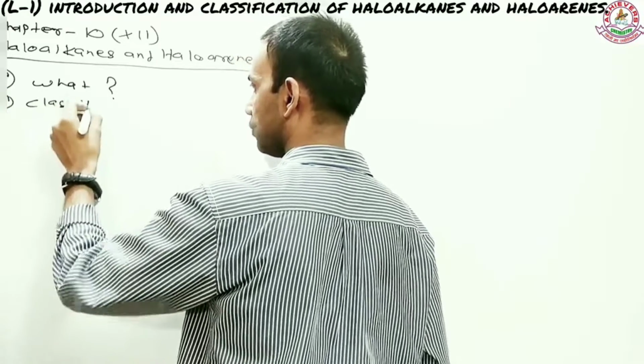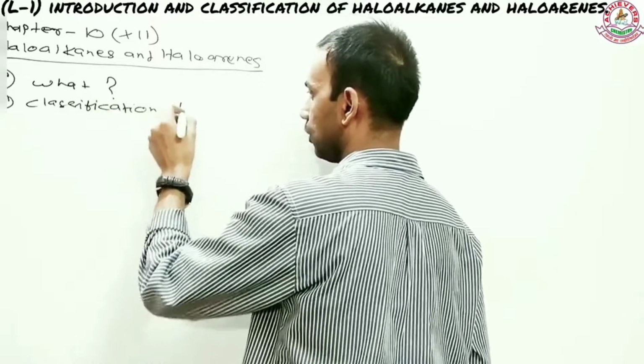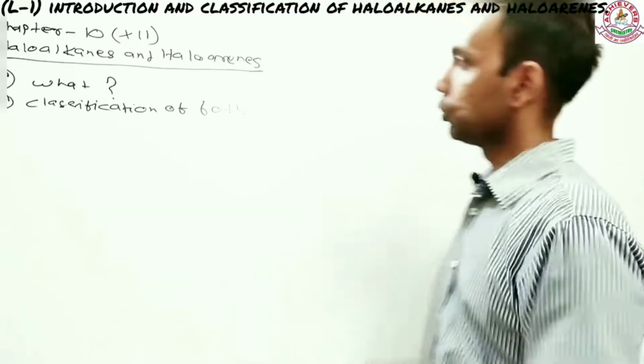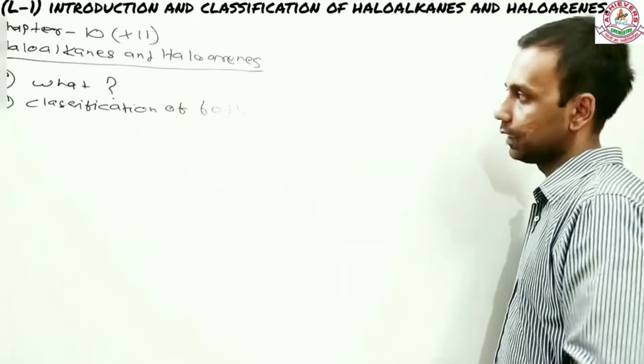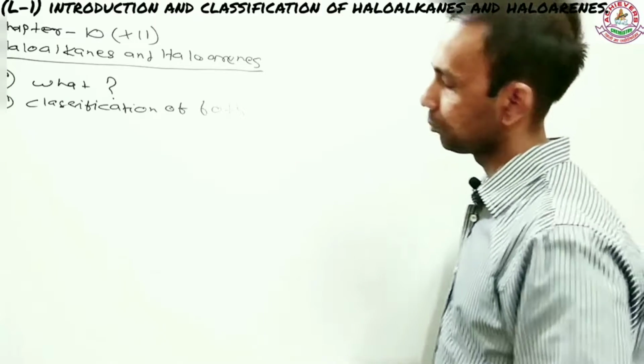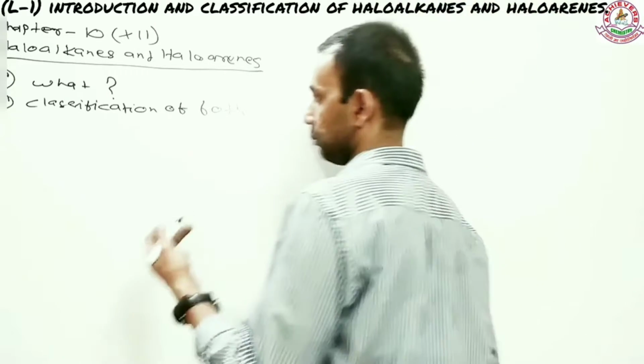So the second thing is going to be classification of both, haloalkanes and haloarenes. These are today's topics that I will be concentrating on, because they will take more than 20 or 30 minutes or something. I will try to make it fast, though I'm a little bit slow. You do have understood already that I'm a bit slow.